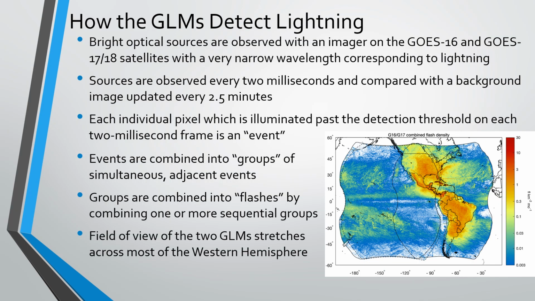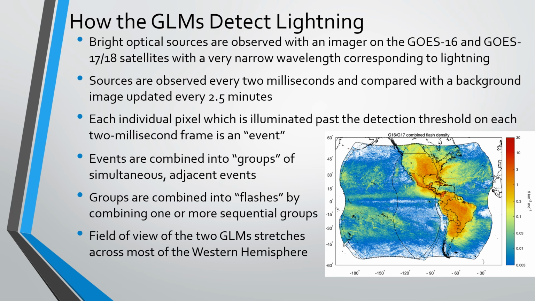So how do the GLMs detect lightning flashes? Well, bright optical sources of light are observed with an imager on board the GOES-16, 17, and 18 satellites with a very narrow wavelength corresponding to lightning emissions. Sources are observed every 2 milliseconds and are then compared with a background image, which is updated every 2.5 minutes.